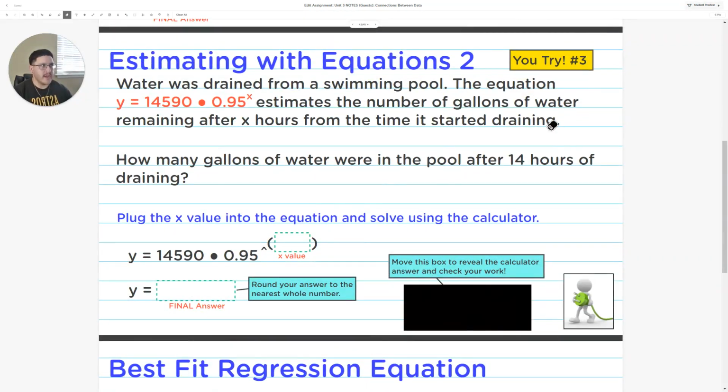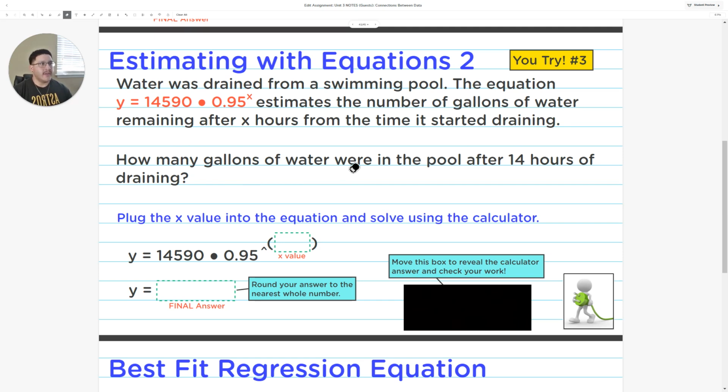You try number 3. Same thing, except now you're dealing with an exponential equation. Water was drained from a swimming pool. The equation y equals 14,590 times 0.95 raised to the x power estimates the number of gallons of water remaining after x hours from the time it started draining.